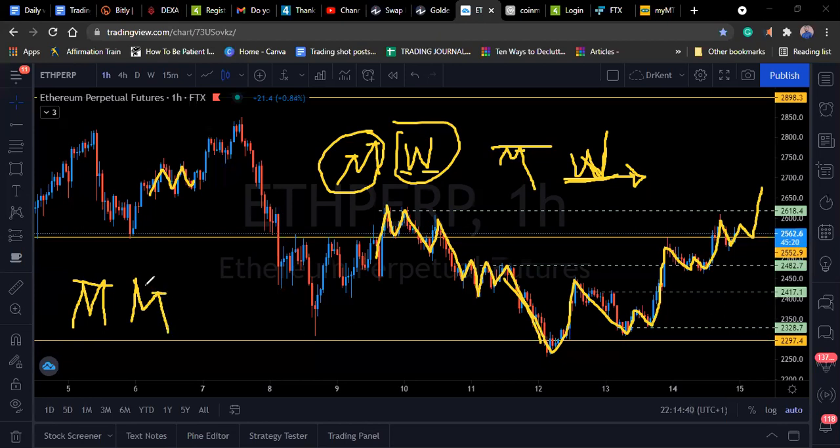This top is lower than this top. It's still an M. You will have another one that is like this. The other M goes much higher coming up, but it's still an M. This is higher, this is lower than this, but it's still an M.